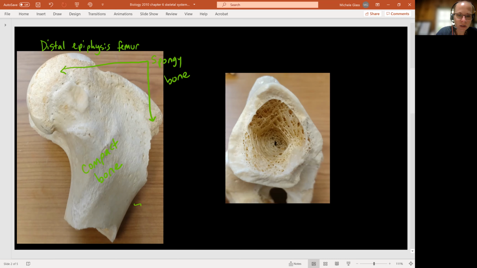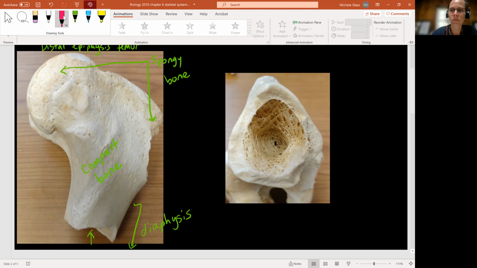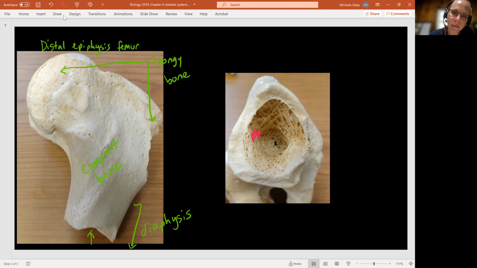Right here, we're starting to see the diaphysis, which is our shaft. And so inside the diaphysis, so if you're looking up here, or if you're looking at this view here, we're seeing the medullary cavity.